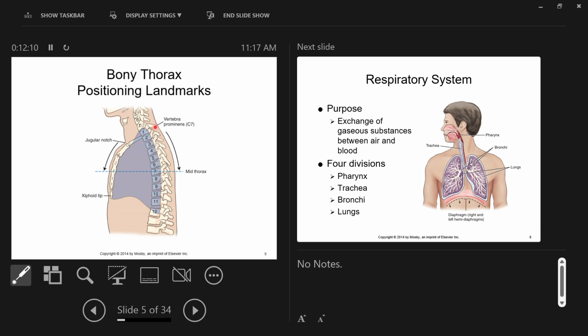From the jugular notch, one hand's width down on most average size hands, about 4-ish inches, gets you down to the mid-thorax. The mid-thorax here is the level of thoracic vertebra 7. There's 12 thoracic vertebrae, but because the lower ones are bigger, the 7th one ends up being the middle.